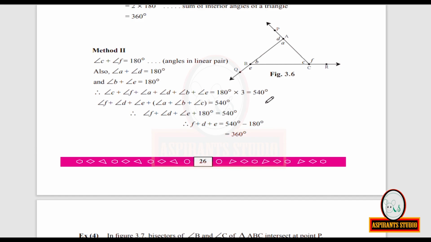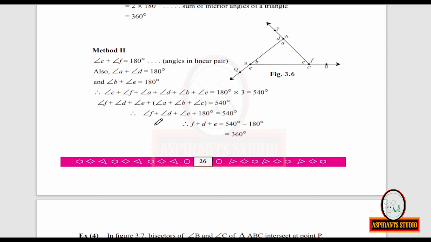So that is equal to 540 degrees. Now, we are going to rearrange this. We are going to collect measure of angle A plus measure of angle B plus measure of angle C together, because we know that it is 180 because sum of the measures of the angles in a triangle is 180. You have to write the reason here. It is not written, you have to write.